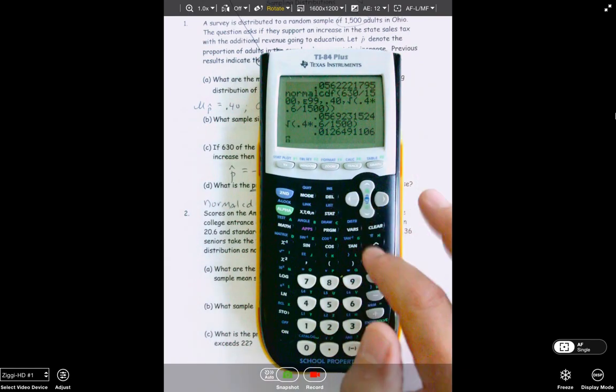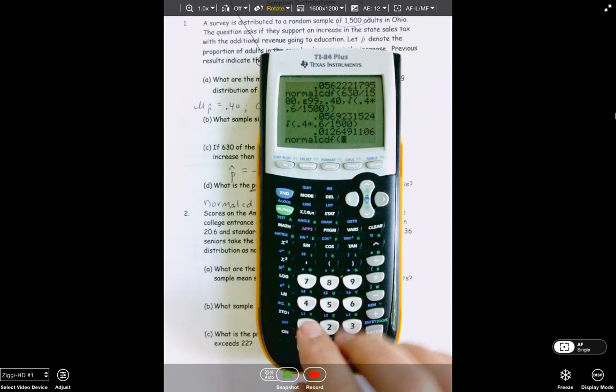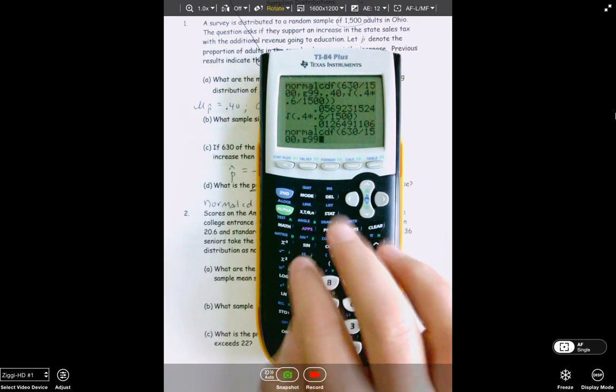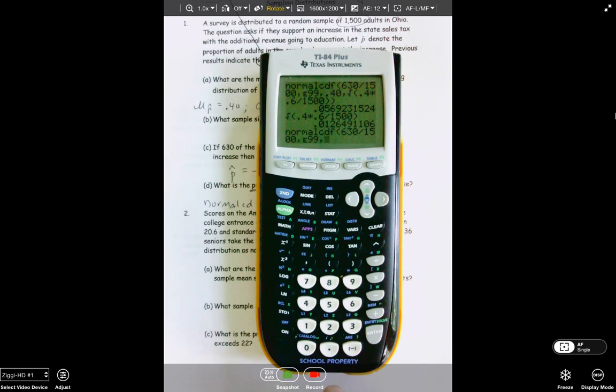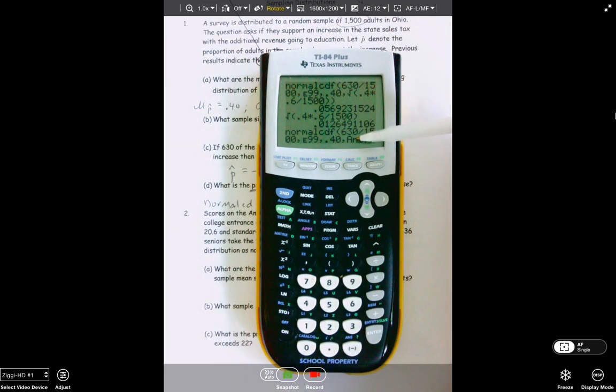Then they'll go get the normal CDF key and work their problem. What was it, 0.40? Yeah. But then when it comes to the standard deviation, they'll just put Ans there. Ans is a function in your calculator that puts the previous answer, from the previous problem you worked on, right there.